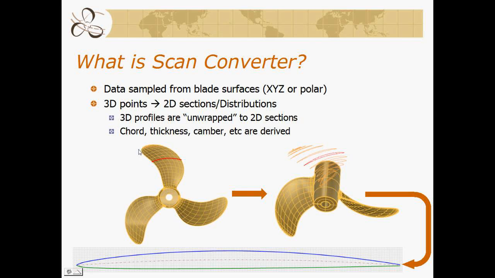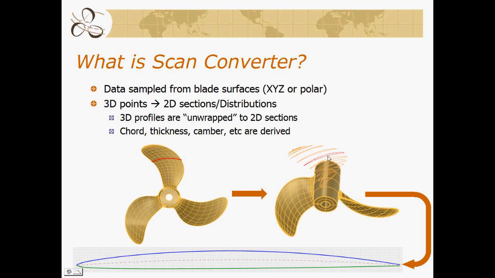What happens during this process is data is going to be sampled from the blade surfaces using either an inspection device, a drop probe, or actually from the orientation of the CAD file. We sweep a radial arc across the blade surface, and from there we extract XYZ points in 3D space.